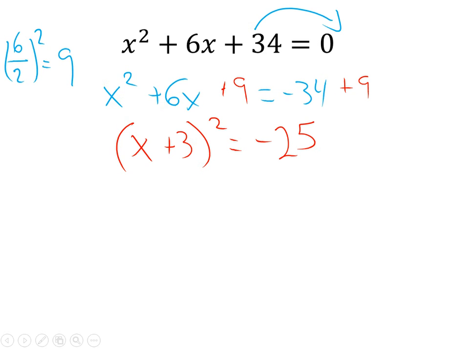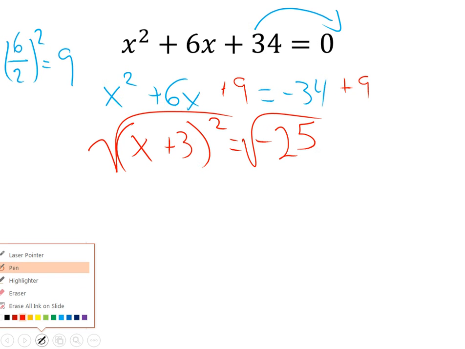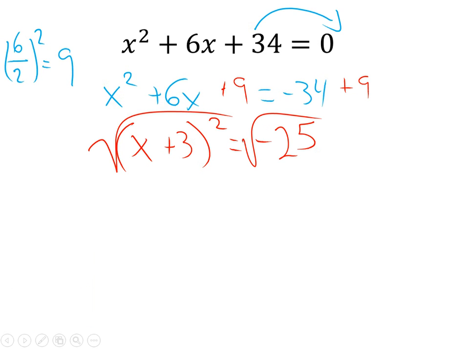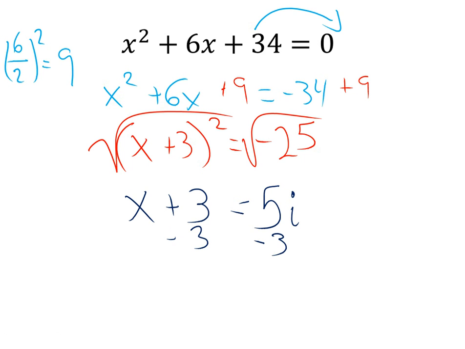Okay. And now we take the square root, and look at that, square root of a negative, which from the previous one we found out was an imaginary number. Square root of 25 is 5, so it'd be 5i. So you have x plus 3 is equal to 5i. Subtract 3 on both sides, getting us x is equal to negative 3.